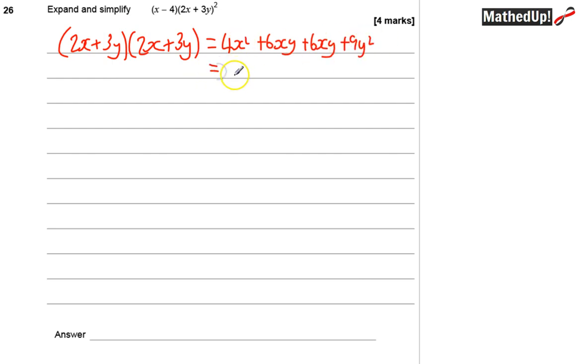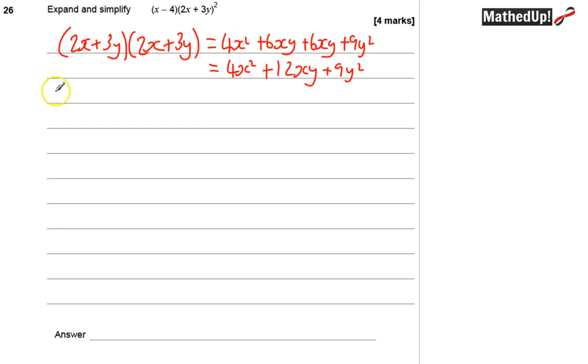So that's going to be the same as 4x squared plus 12xy plus 9y squared. I now need to multiply this by x take away 4.